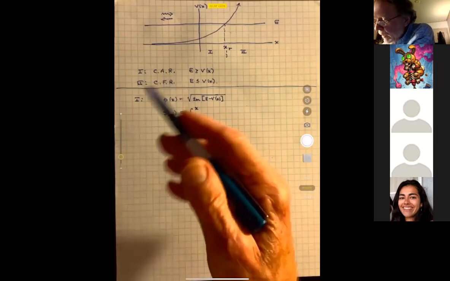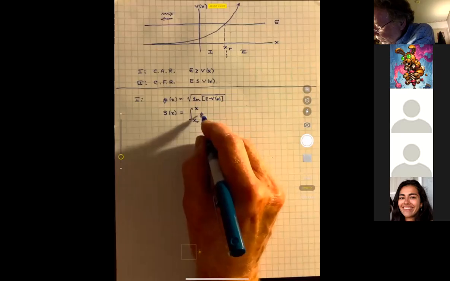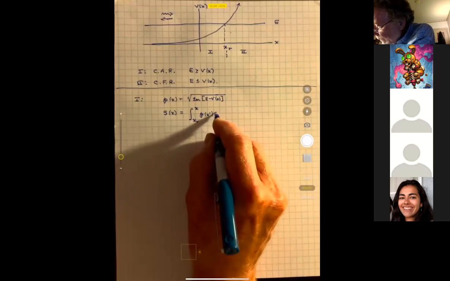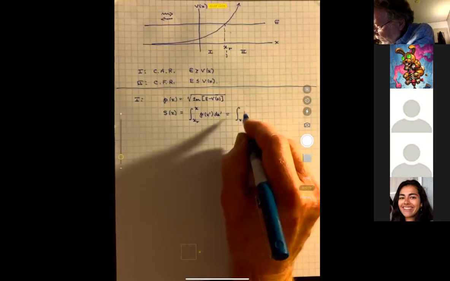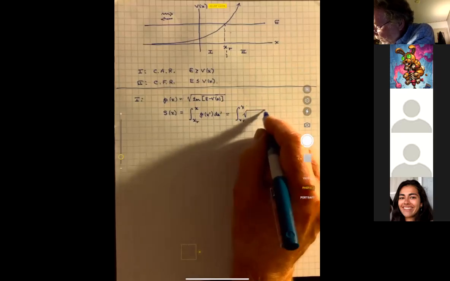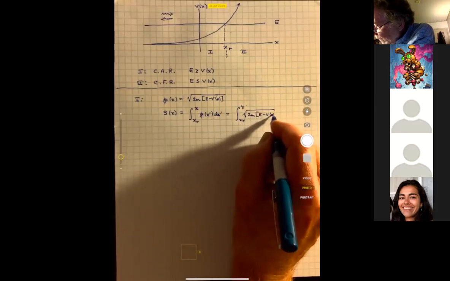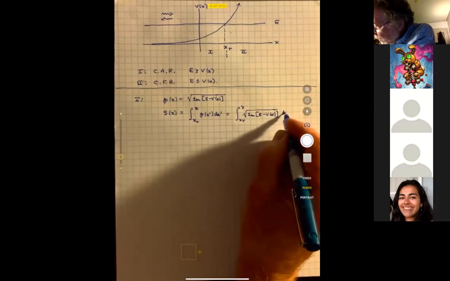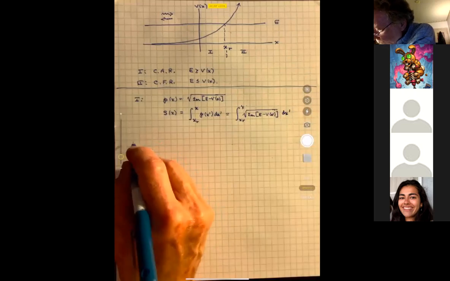As I explained earlier, it really doesn't matter what the lower limit is. So this is going to be the integral of P of x prime dx prime. I can write this out explicitly: the integral from XR to x of the square root of 2m times E minus V of x prime, dx prime, to make it explicit what S is. So let's make that definition for S.